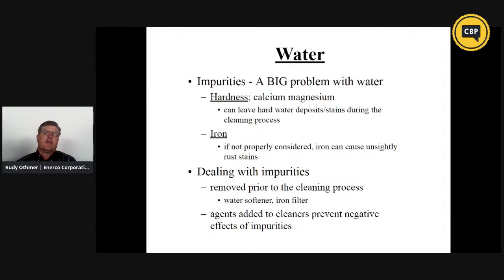It can interact with our alkaline cleaning and interfere with its doing its job. And if you're in an area with high iron, it can cause rust stains inside of your stainless and give you an extra item to deal with.